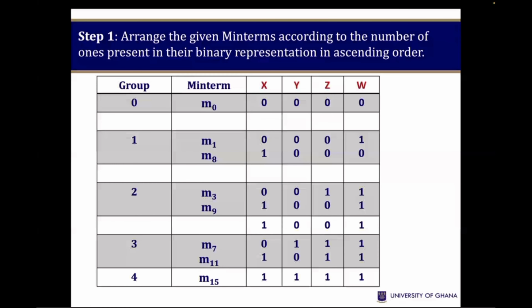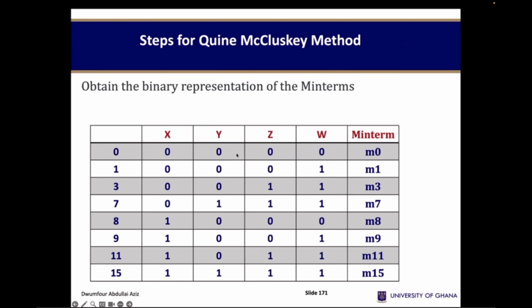Okay. So once we do that, we can move on to our first step, which says to arrange the given minterms according to the number of ones present in their binary representation. So now we are going to group them. We start from group 0, group 1, group 2, group 3 in that order. When we pick group 0, it means we check all these minterms.